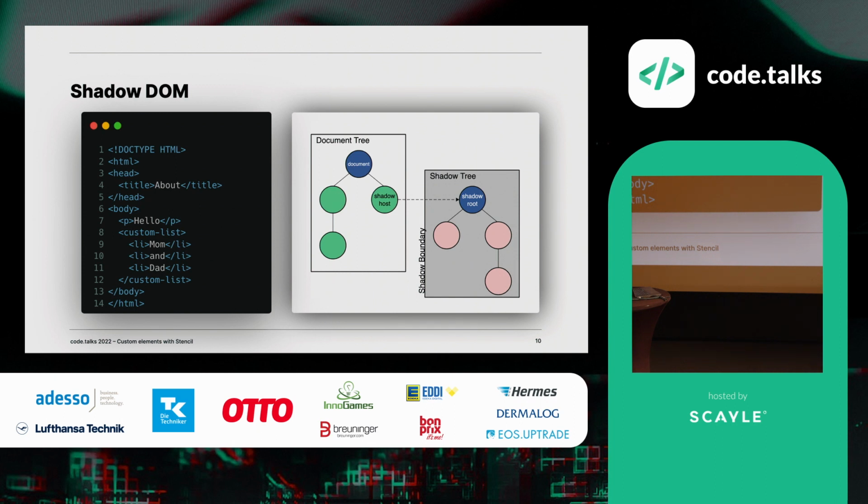The shadow root is just visible from the inside, which is the host element itself. The custom list in this example acts as the shadow root, and all the child elements of this custom list may not be injected as child nodes, but within the custom list, this element can render whatever it wants. It has its own tree. It can render its own children, have its own styling, and trigger or expose its own custom events and things like that.